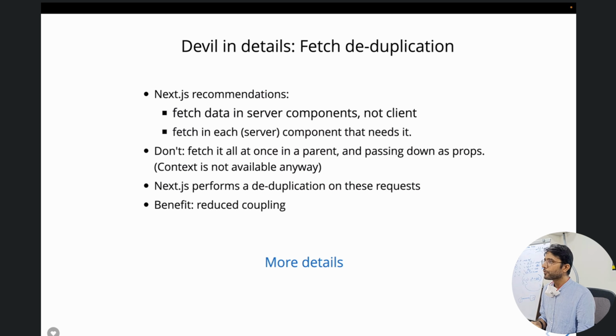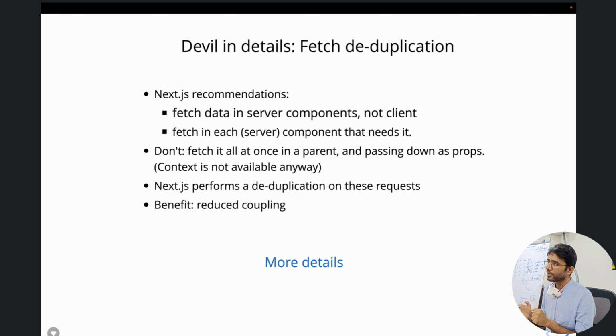If you have four server components for different parts of the page, one has user information, one has profile information, one has number of posts, those sort of things, in each of their respective components, you must load the data that component needs. Now, this is not what we usually do in React.